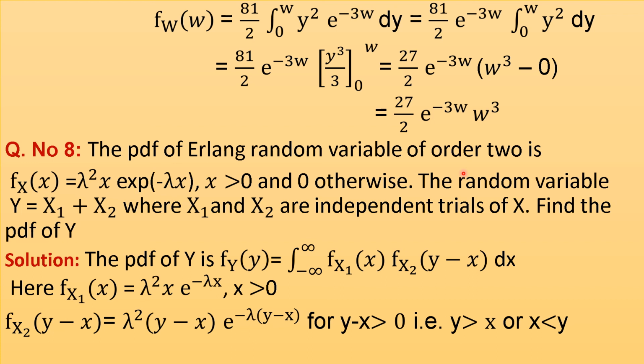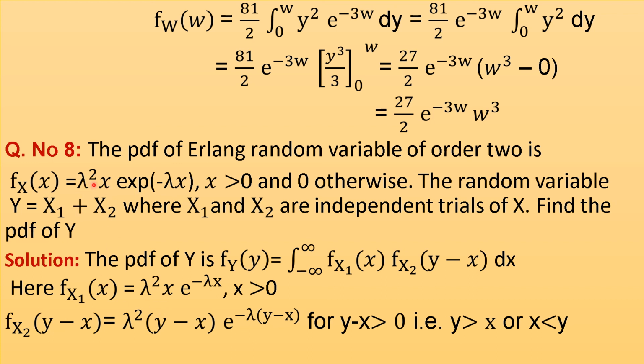So the probability density function of x1 will be fx1 of x equal to lambda square x e power minus lambda x for x positive, 0 otherwise. Similarly, the probability density function of x2 will be lambda square into, replacing x by y minus x, fx2 of x.